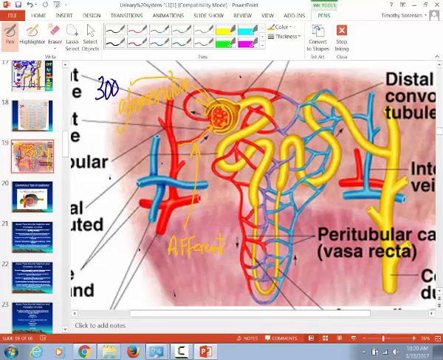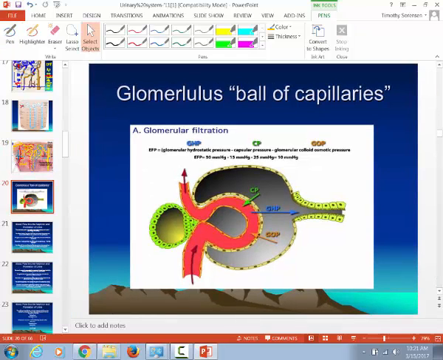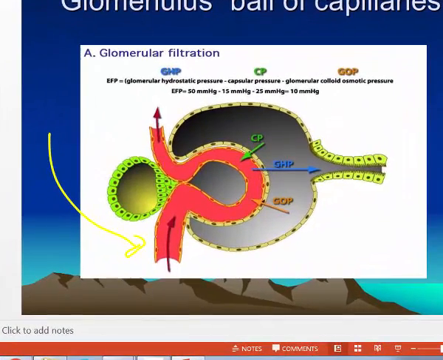Are you following this? So let's look at a closer, simplified view of our little glomerulus here. If you look, this guy right here is the afferent arteriole. And then this little loop here represents the glomerulus.